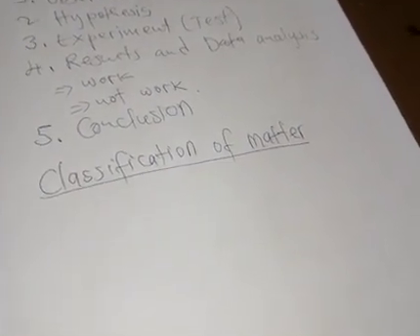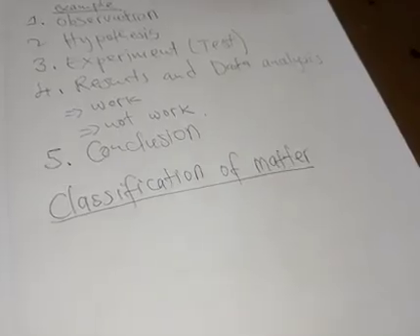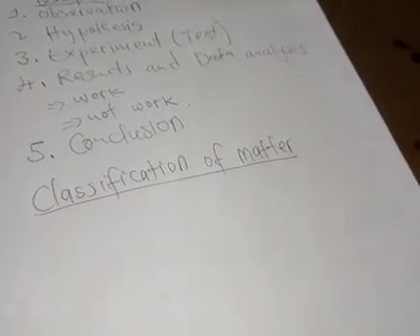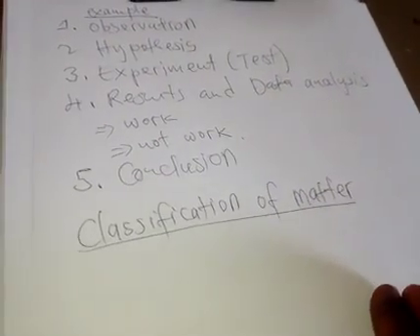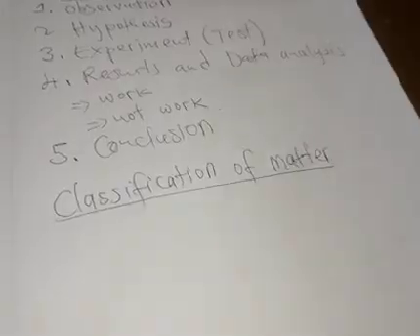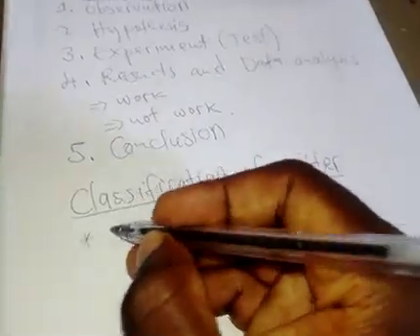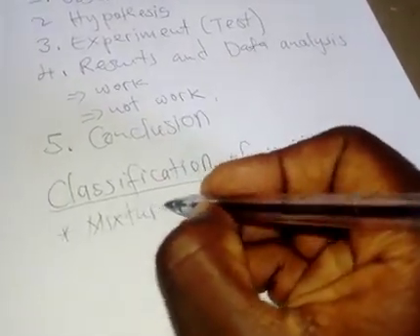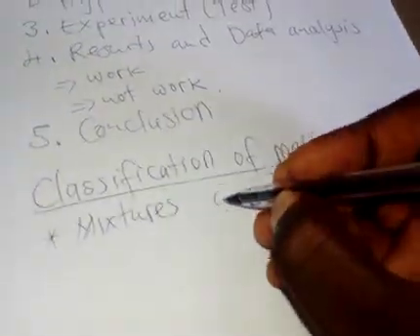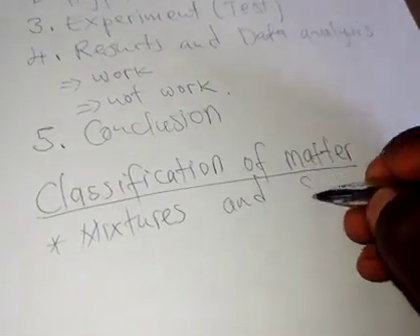For invisible matter, we can refer to things like air. Then, classifying matter, we are saying that matter can be classified into what we are calling mixtures and substances.